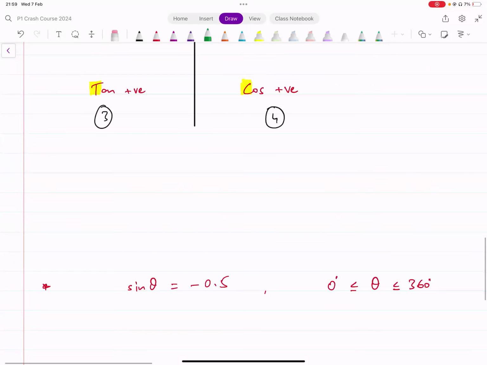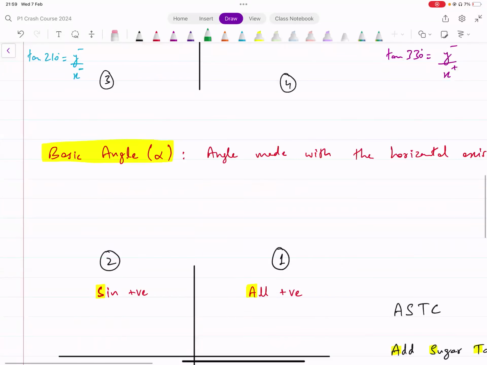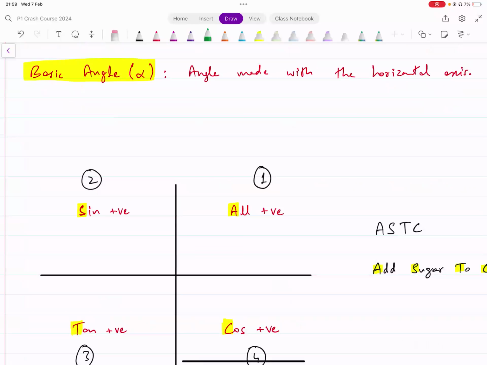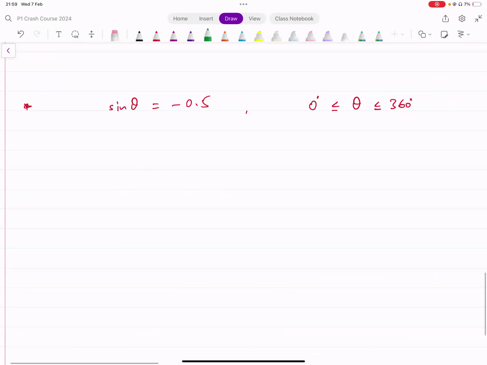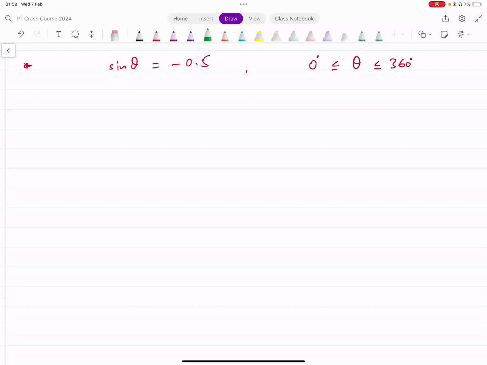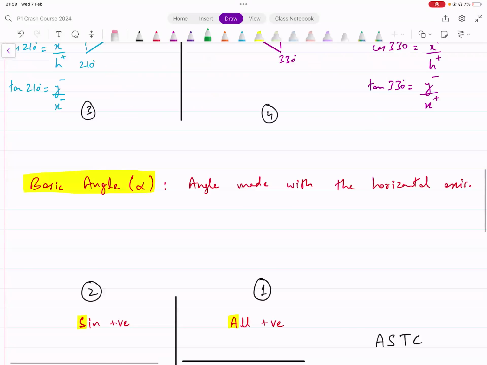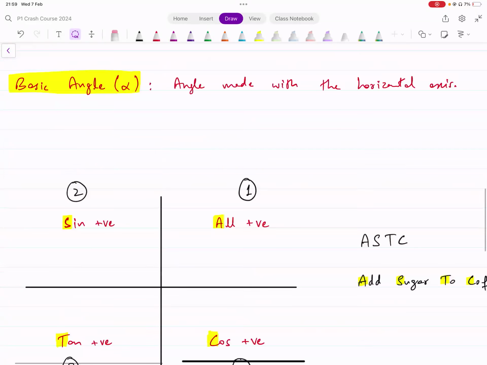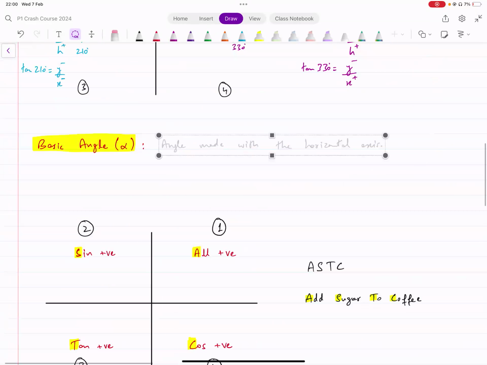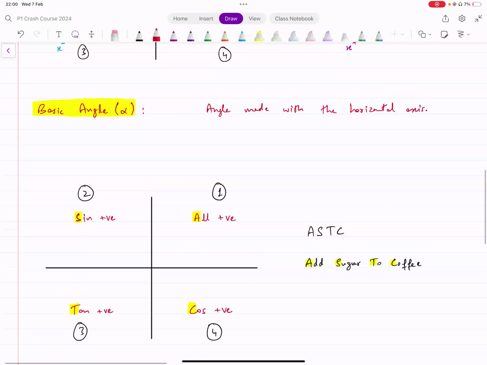This is the process that we're going to follow. Remember the two things that were important? The two things that were important were what the basic angle is and which quadrants you're talking about. Basic angle and quadrants. What was the basic angle? Basic angle was the angle made with the horizontal axis. Let me be a bit more specific here, because not just any angle. This angle will always be an acute angle. It's the acute angle made with the horizontal axis.